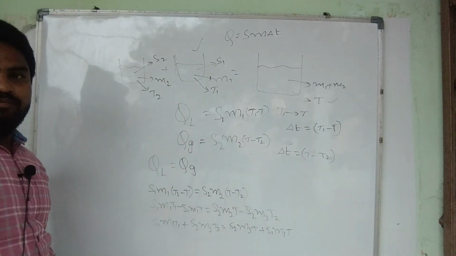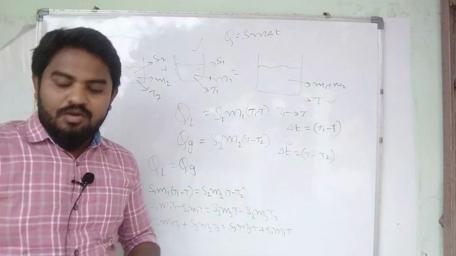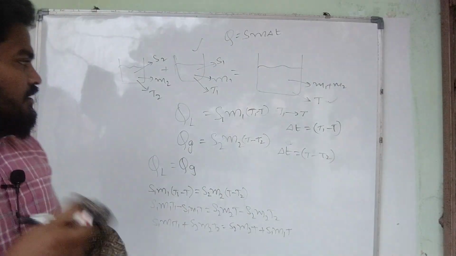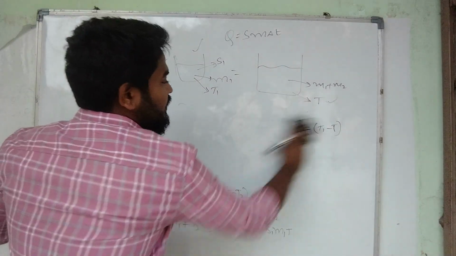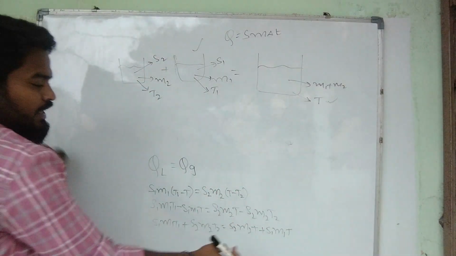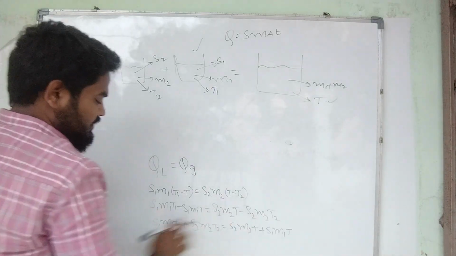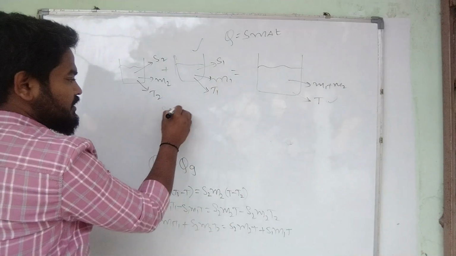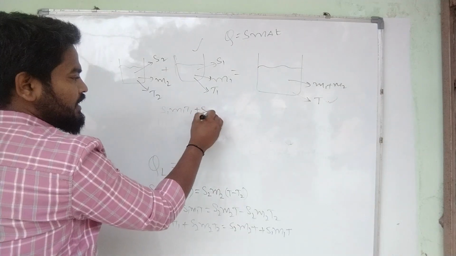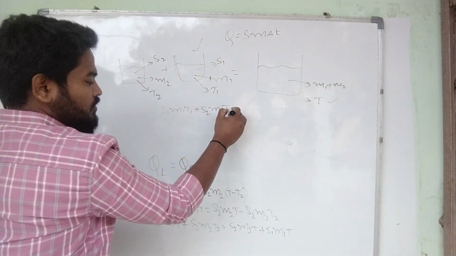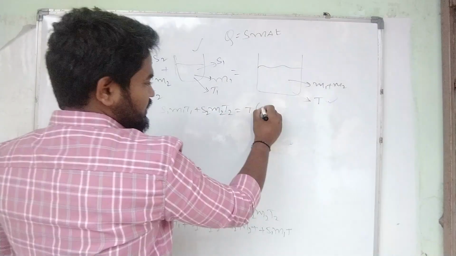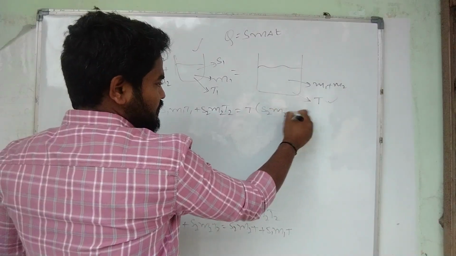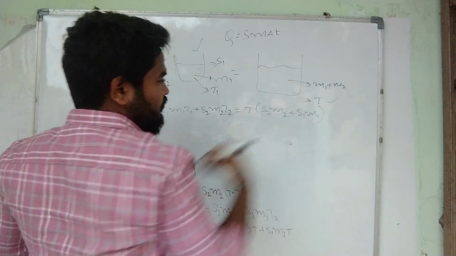Now I'll take T as common: S1 M1 T1 plus S2 M2 T2 will be equal to T times (S2 M2 plus S1 M1).